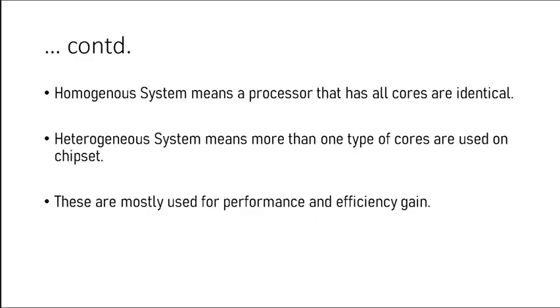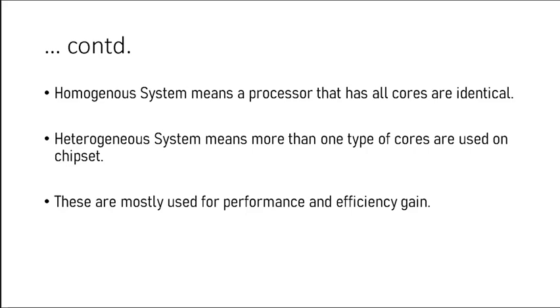We need to check a few other facts, such as what is a homogeneous system and what is a heterogeneous system. A homogeneous system means a processor that has all cores identical. A heterogeneous system means more than one type of core is used on a specific chipset.